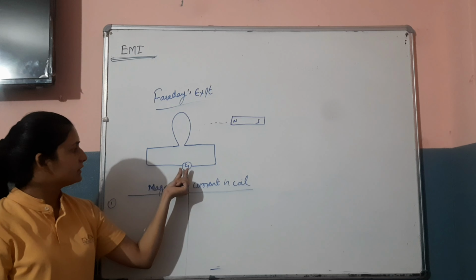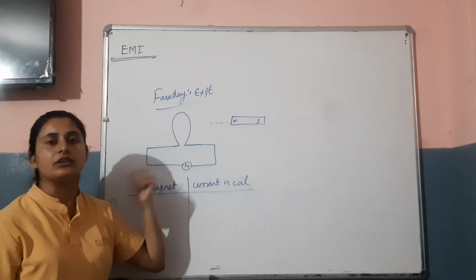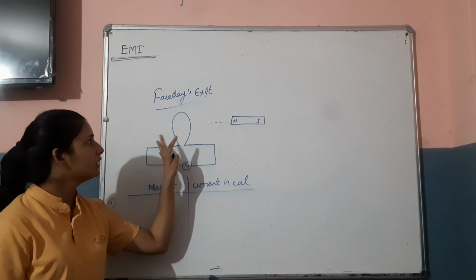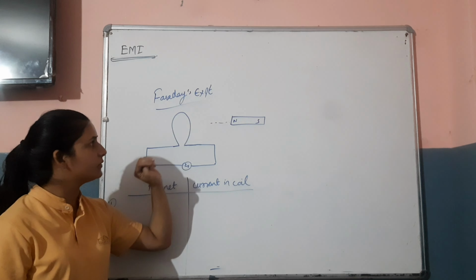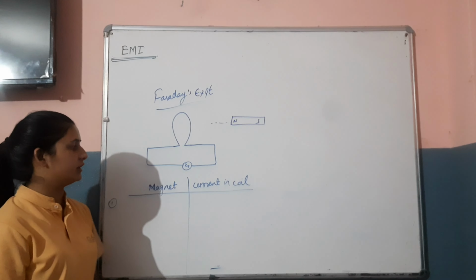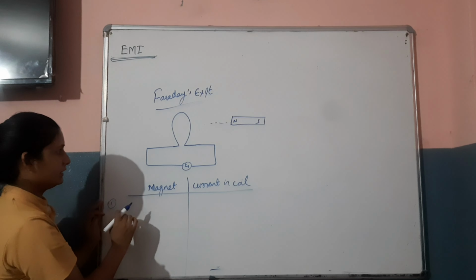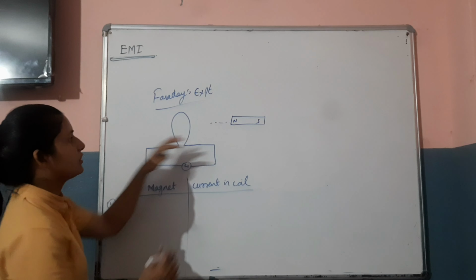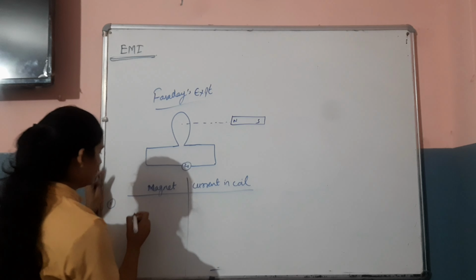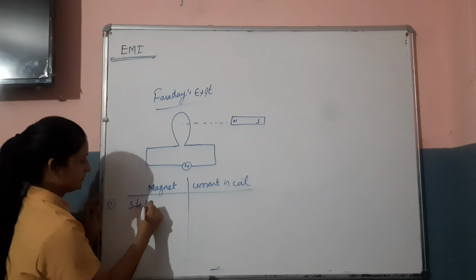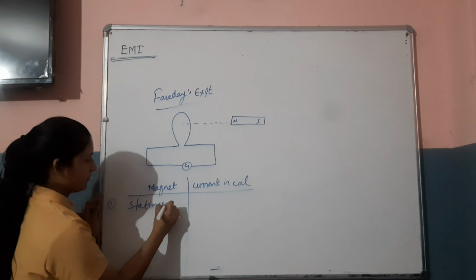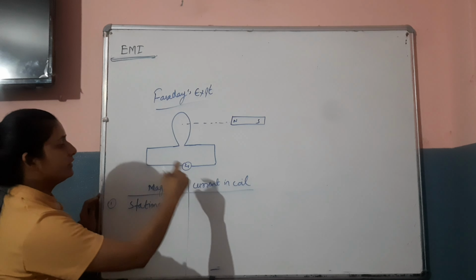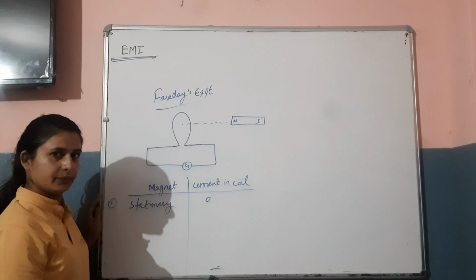This galvanometer is here to check the presence of current, whether the current is flowing in this coil or not. So in the first step, when this magnet is stationary, then there is no current in the coil, right?